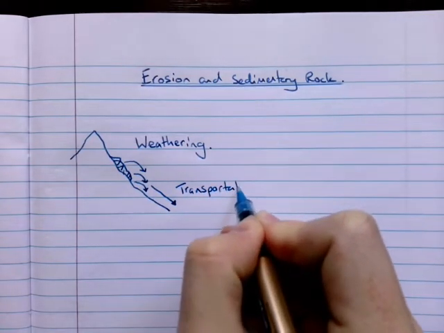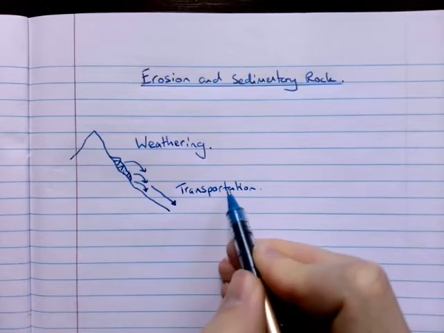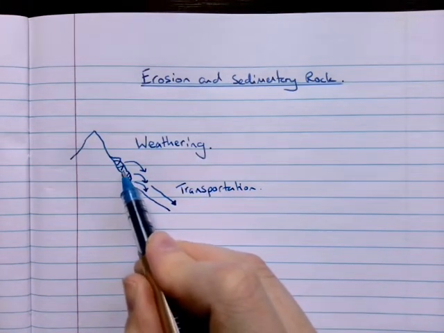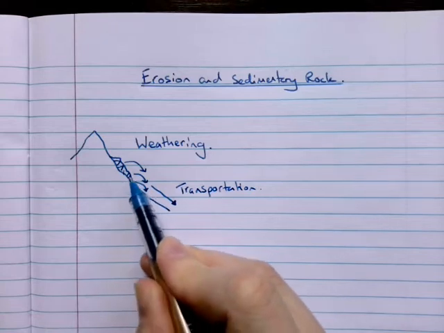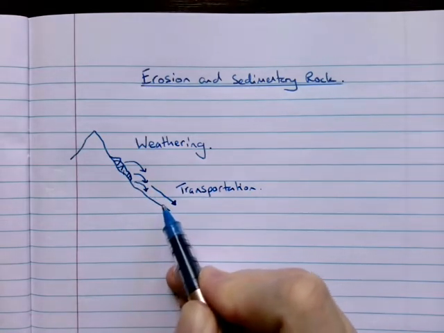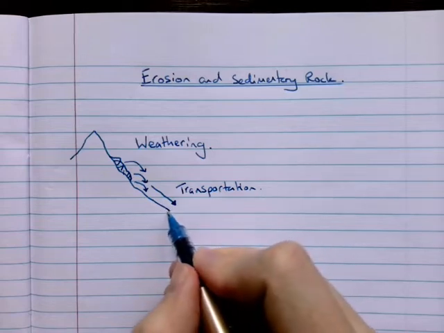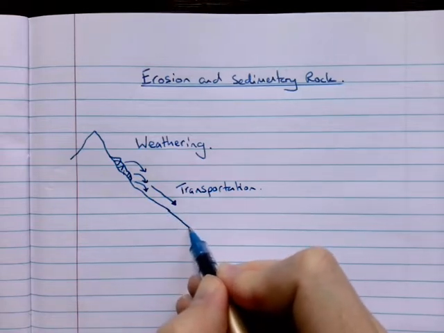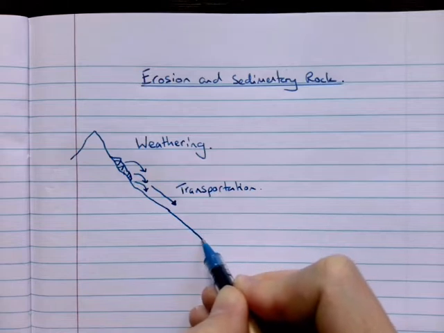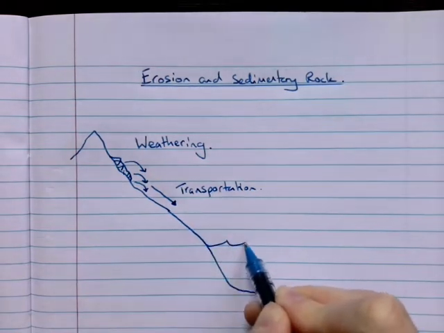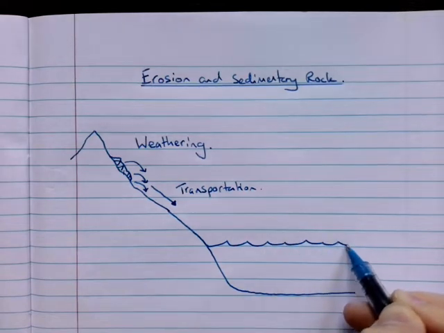Just how you take public transport, you might take the bus to get to school, the rock will be transported down the side of the hill, probably in rivers, so it moves along in a river, and it moves down the side of the mountain until eventually it's going to get to here.